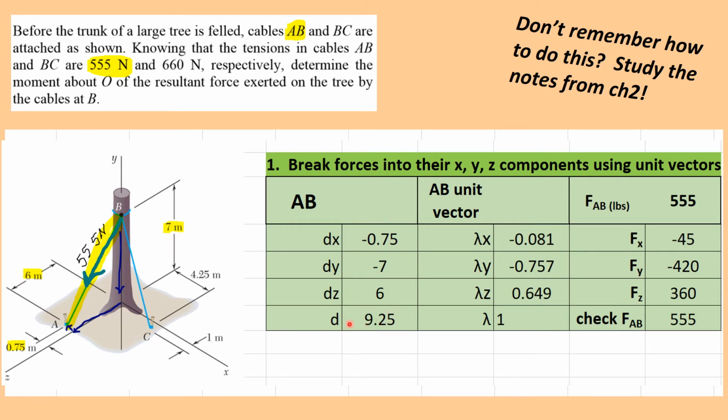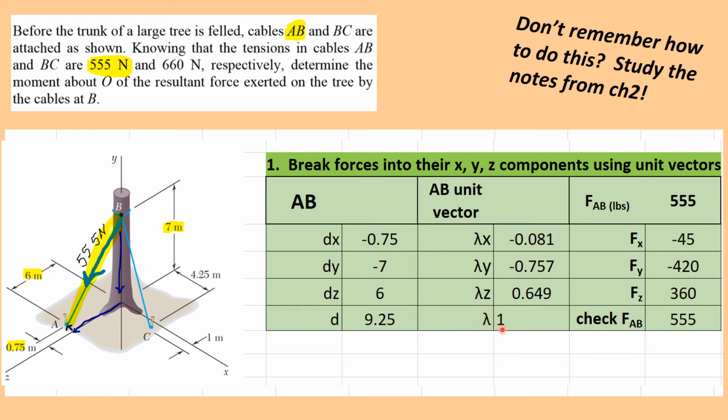dx, dy, dz. Find the overall distance, so that's x squared, y squared, z squared. Take the square root of it. So that's the length of our entire cable. And then to turn this into our unit vector, remember the unit vector is just the ratios. So 0.75 over the total length, and 7 over the total length, and 6 over the total length.